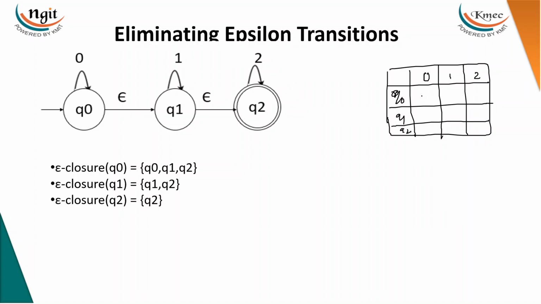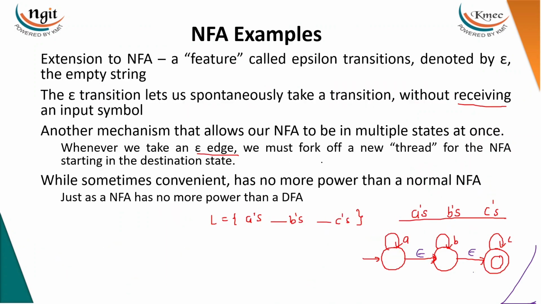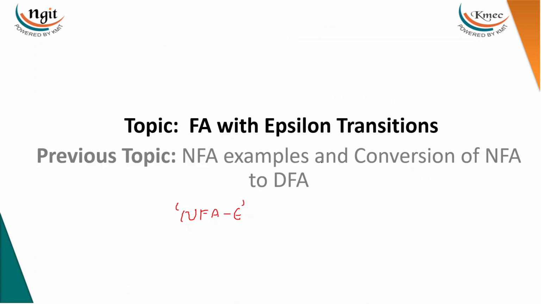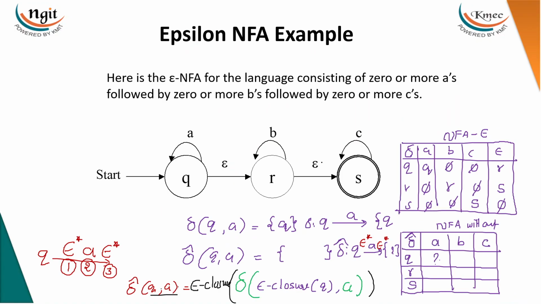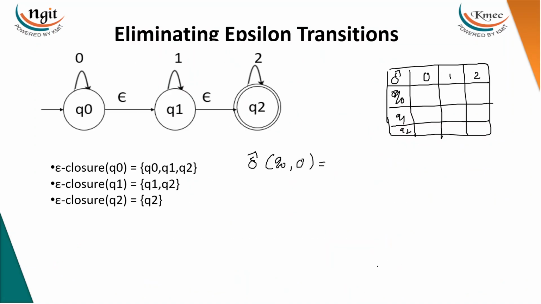Then how to do it? This extended transition, right? Extended transition of Q0 comma 0 is nothing but, just copy the formula here, whatever we have taken. Just change here, Q0 comma 1. Just replace it. You'll get it.